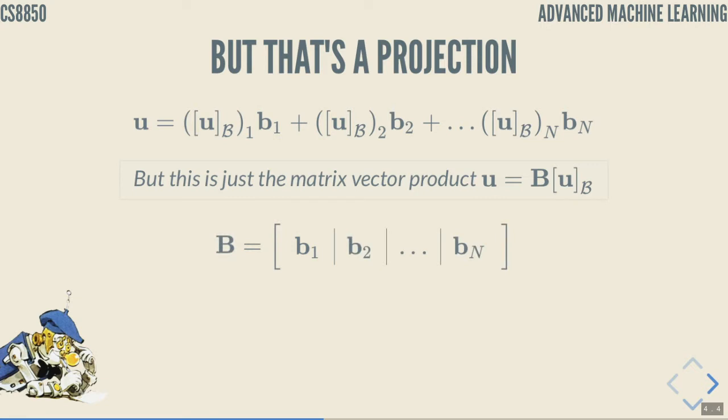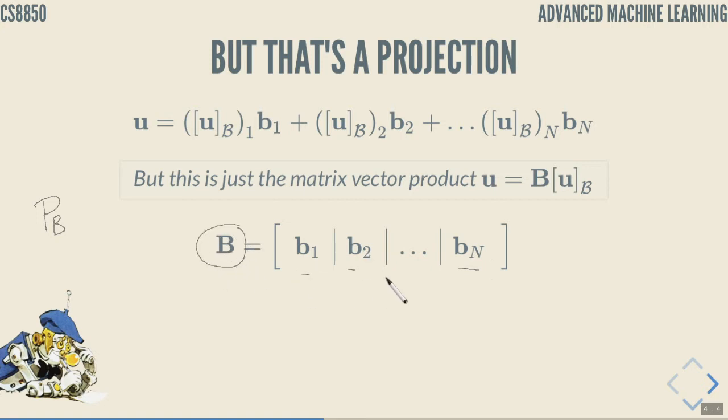So the matrix B, which we previously called P sub B, is nothing but the basis vectors set as columns and concatenated together into a matrix.